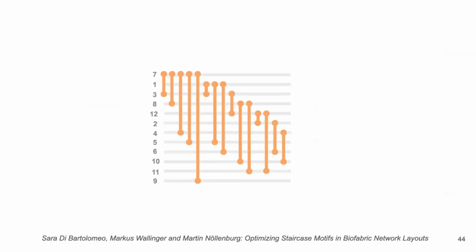BioFabric is basically the visualization that I showed a second before, but much more simplified. I want to focus a lot on the sorting, on the layout algorithm that is used for this. So here we have nodes represented on horizontal lines.